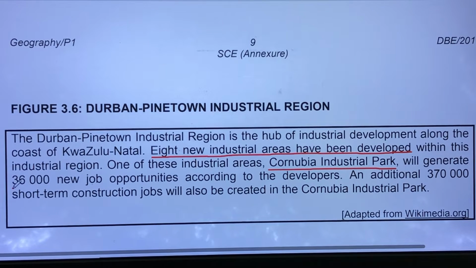So this is what we are going to write down as a point: 36 new job opportunities according to the developers. Okay, 36 new jobs, you're going to end there. 36 new jobs, an additional 370 short-term construction jobs, which are also jobs. So that's what we are going to note down.